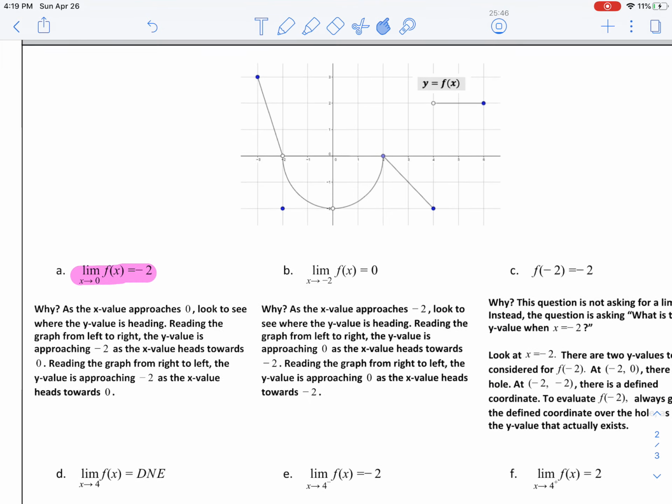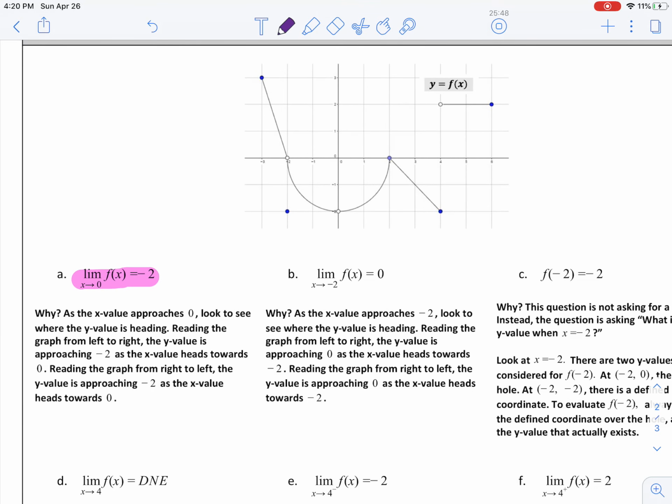Let's see if that's the case. So x is approaching 0, right, from the left and from the right, and we want to trace out on our graph and see what is our function doing. Okay, it looks like our function is in fact approaching that value of -2.